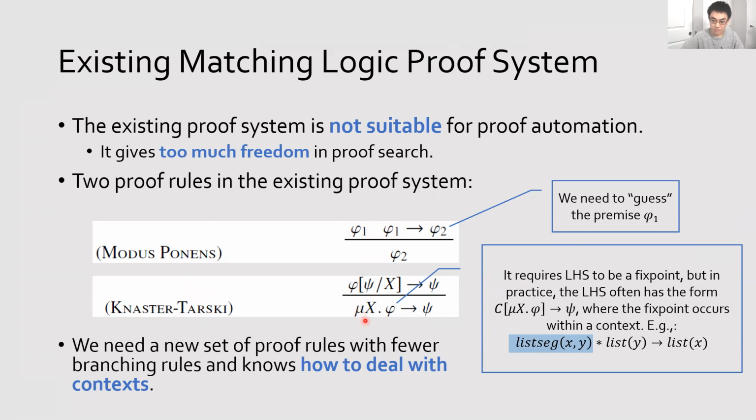The Knaster-Tarski rule requires the left-hand side to be a fixed point, which doesn't always hold in practice, like in this example. In practice, fixed points often occur within the context. So a main challenge for us is to find a new set of proof rules for matching logic that are more deterministic and can deal with context.